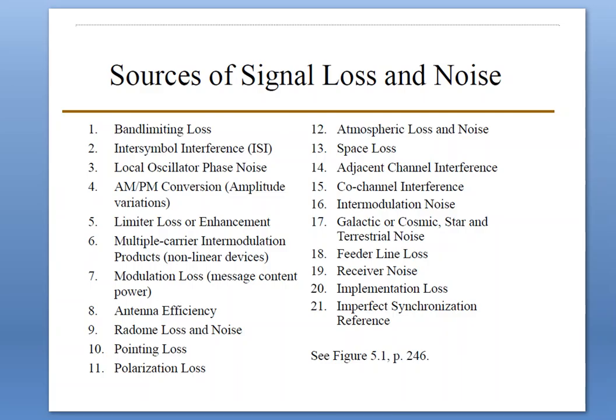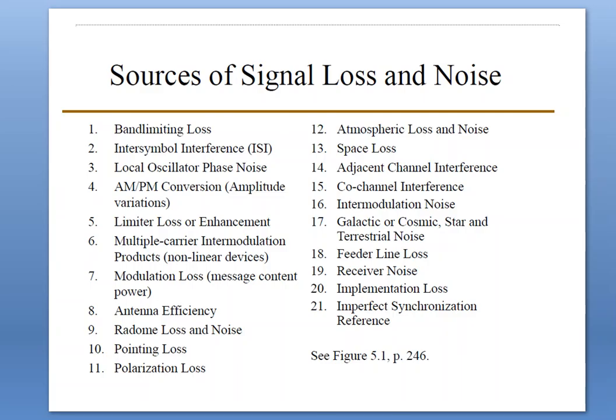Coming to the next one, that is radome loss and noise. A radome is a protective cover used with some antennas for shielding against weather effects. A radome in the path of the signal will scatter and absorb some of the signal energy, thus resulting in signal loss.